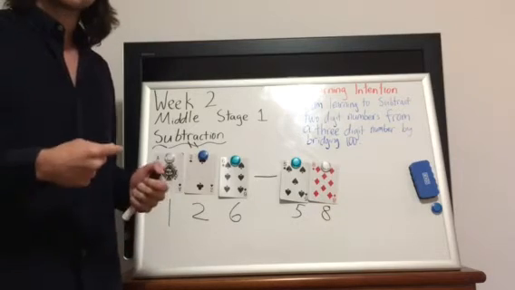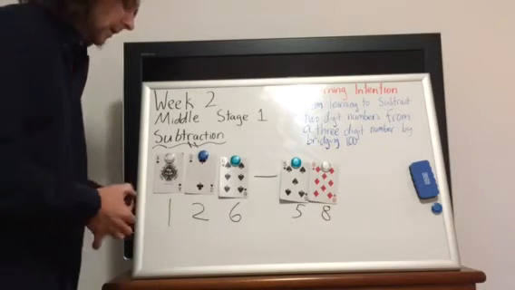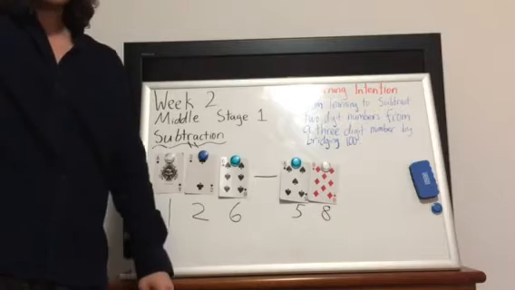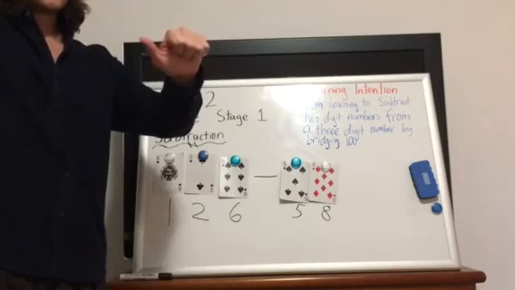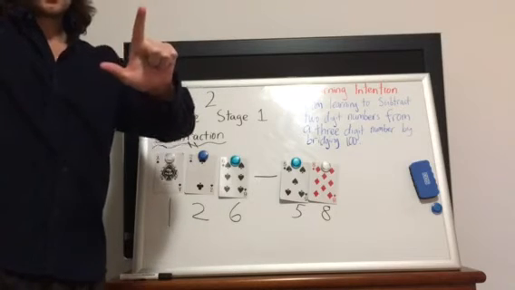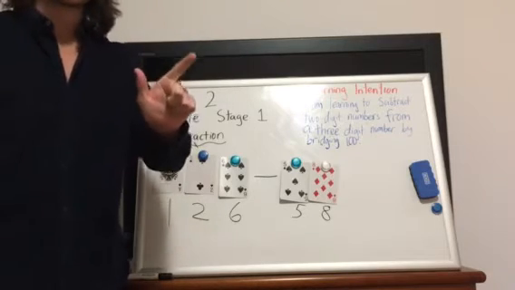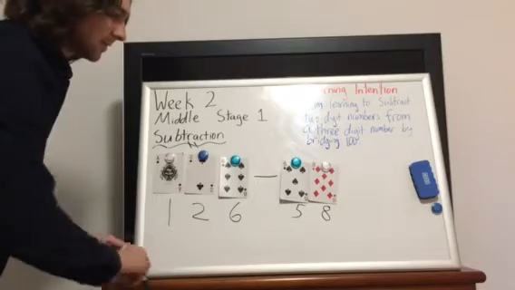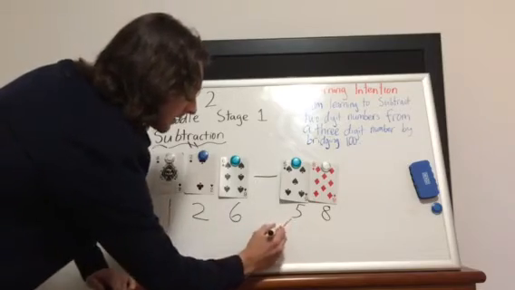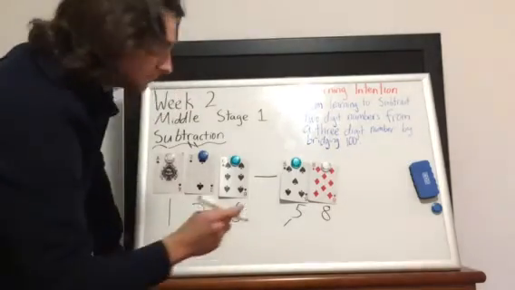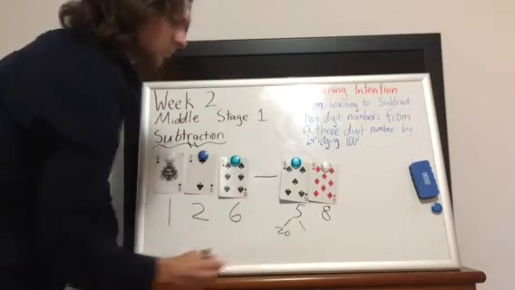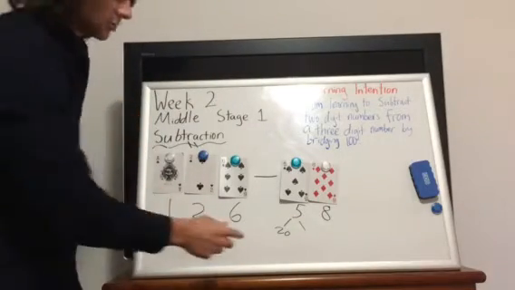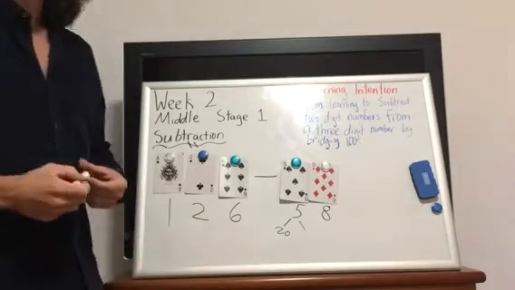Remember, we're counting backwards because we're subtracting. I'm going to put 120 in my head. Okay, 120, 110, 100. So I've jumped by 10 twice. That means that the first number that I take out of 50 will be 20. How many more will I need to jump from 20 to 50?